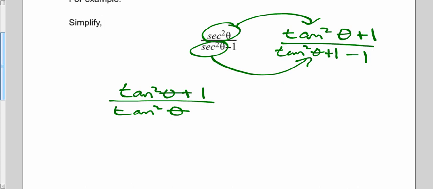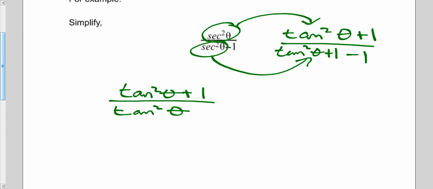Guide your attention back to this. I find these to be eminently helpful. Quotient identities, to me, are some of the most helpful. So what should I do? How about this?